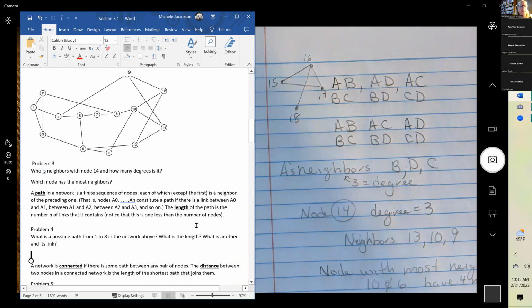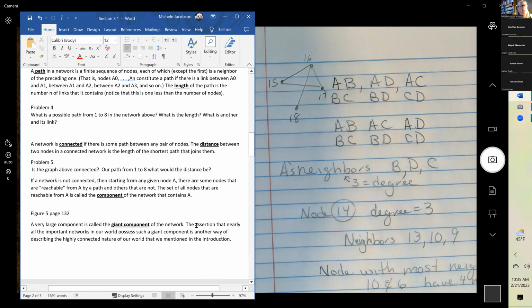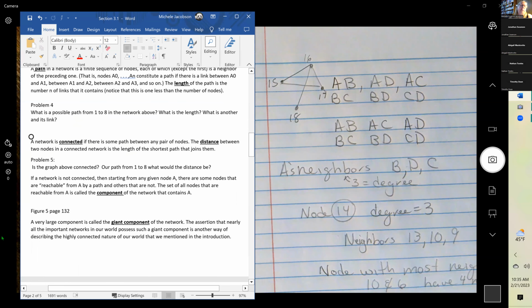I think it tells us a page to go to for another example. Yeah, here it is, figure 5, page 132.